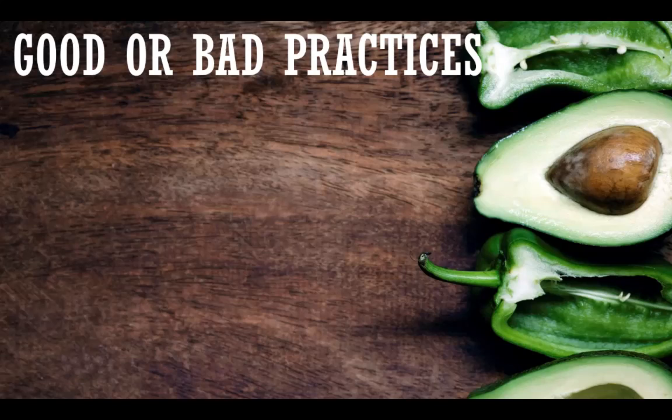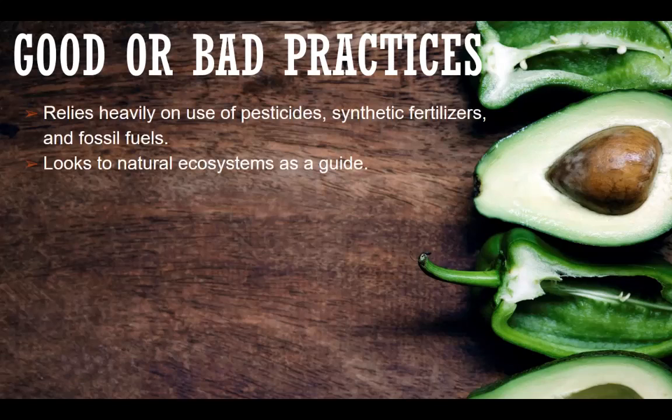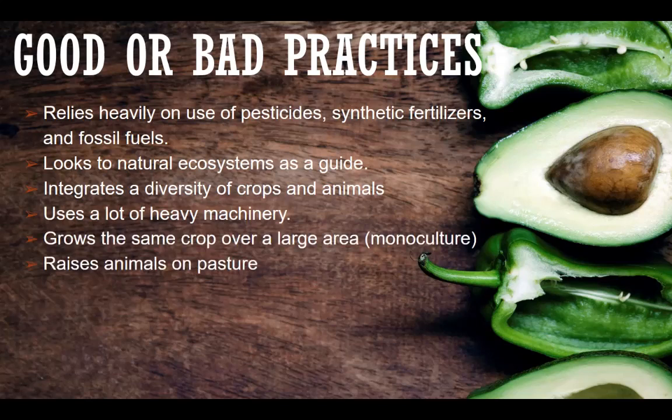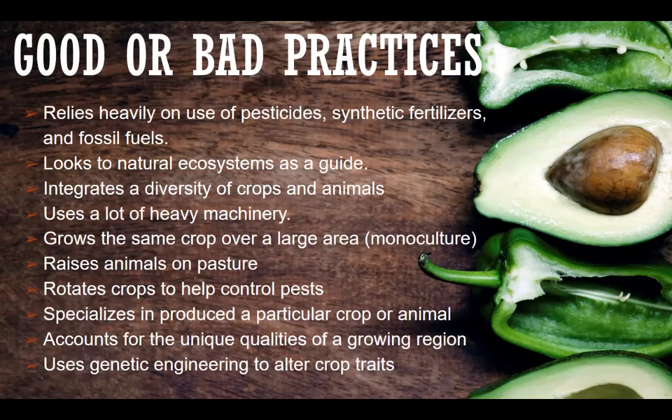But then I want you to think about, do they belong to industrial agriculture or do they belong to agroecology that we've been talking about today? So I'm going to give you the list here, and I want you to read through them and think about, is that something that we use in industrial agriculture or agroecology? And is that a good thing or a bad thing?